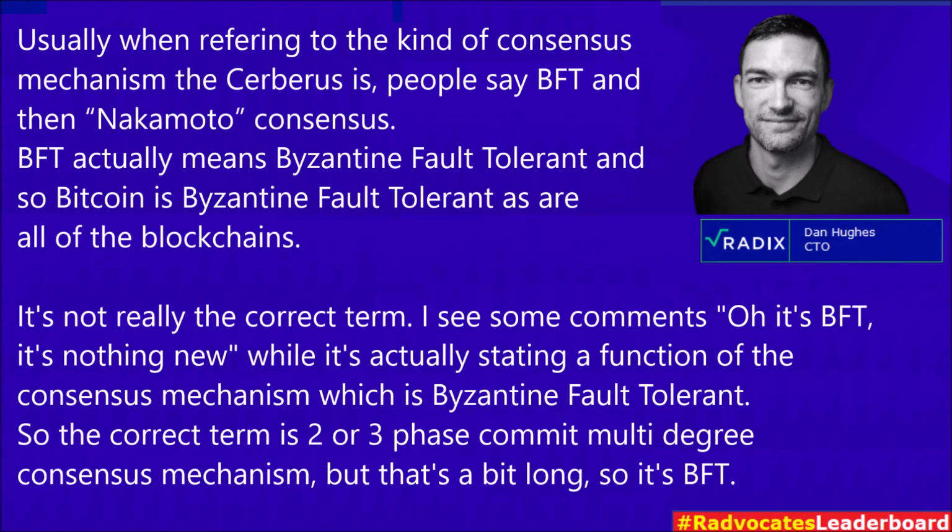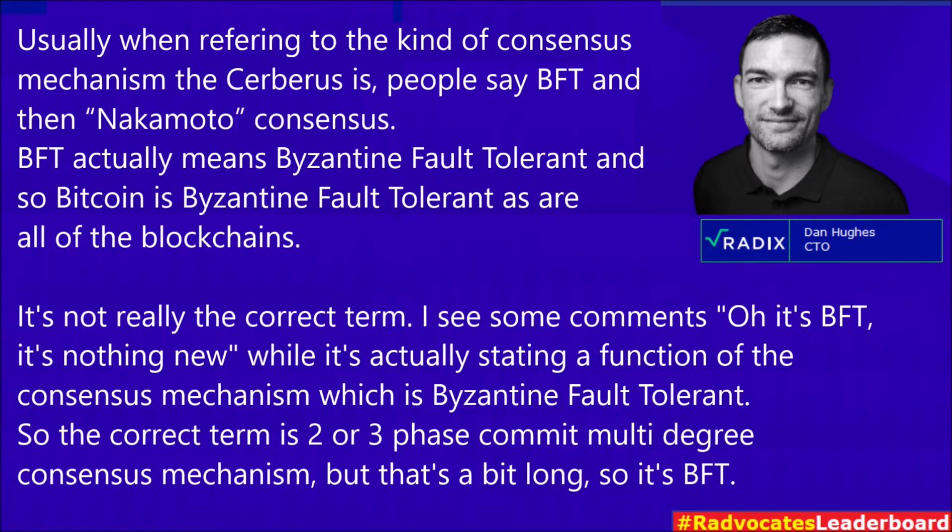Usually, when referring to the kind of consensus mechanism that Cerberus is, people say BFT, and then you've got Nakamoto consensus. BFT actually means Byzantine Fault Tolerant, and Bitcoin is Byzantine Fault Tolerant, as are all of the blockchains. So it's not really the correct term.